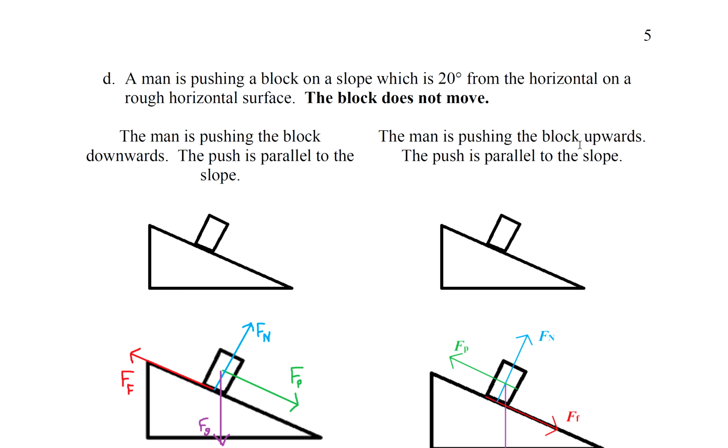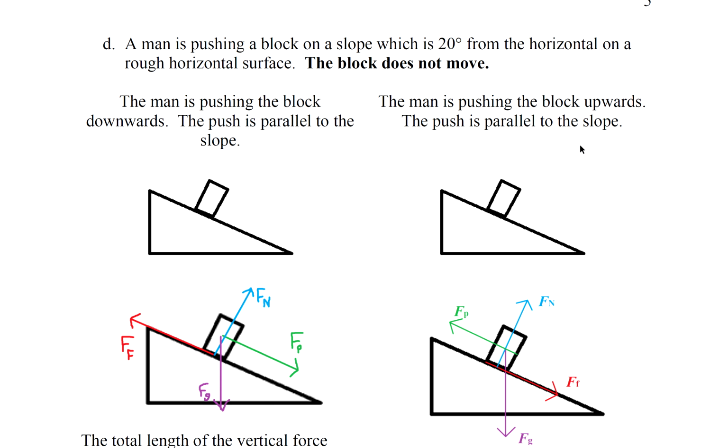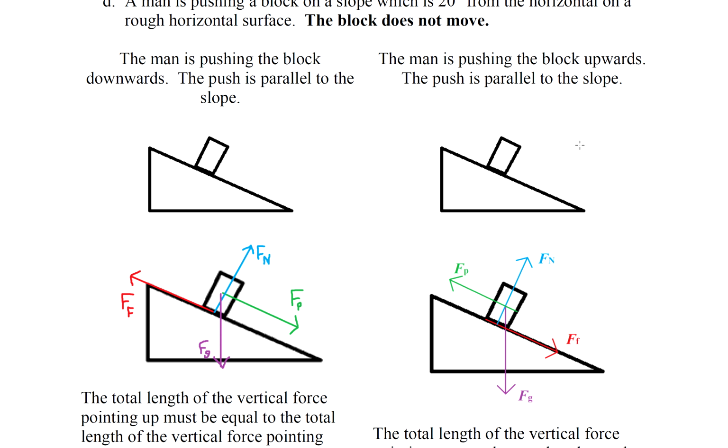Part D, a man is pushing a block on a slope which is 20 degrees from the horizontal on a rough horizontal surface. The block does not move. So, on the left side, the man is pushing the block downwards. The push is parallel to the slope. Remember, the block doesn't move.